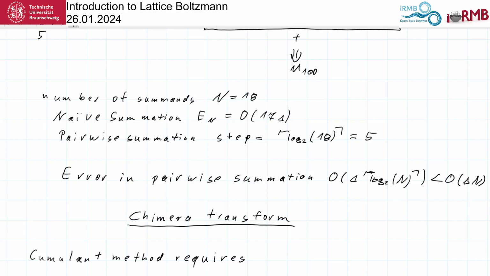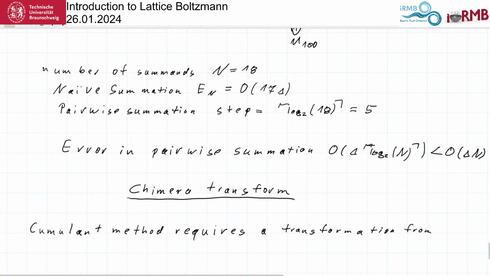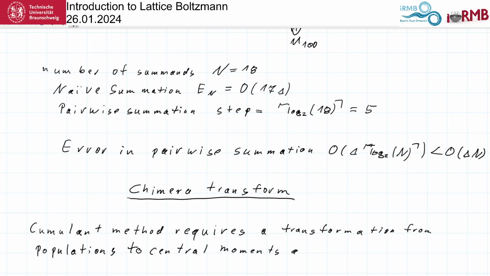So the cumulant method requires a transformation from populations, and we go to central moments instead of raw moments in the cumulant methods. So we have to go one way and then we have to go back. And every time we do all these sums, yeah, for computing moments.